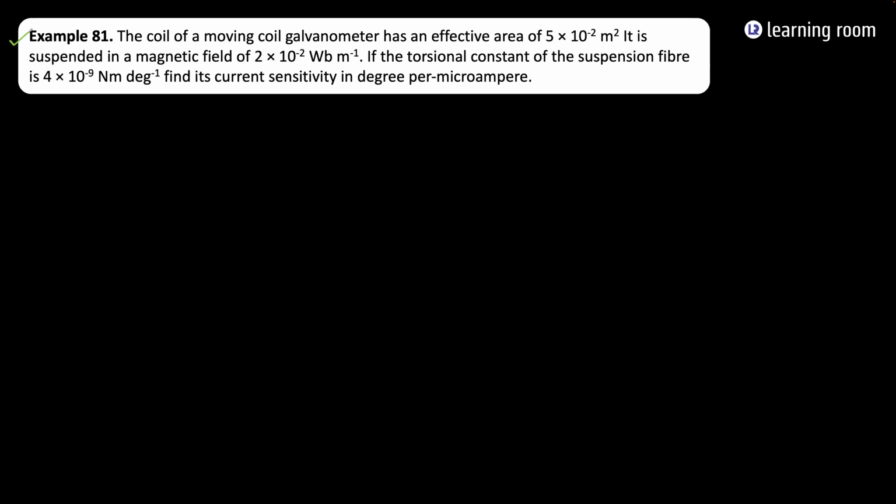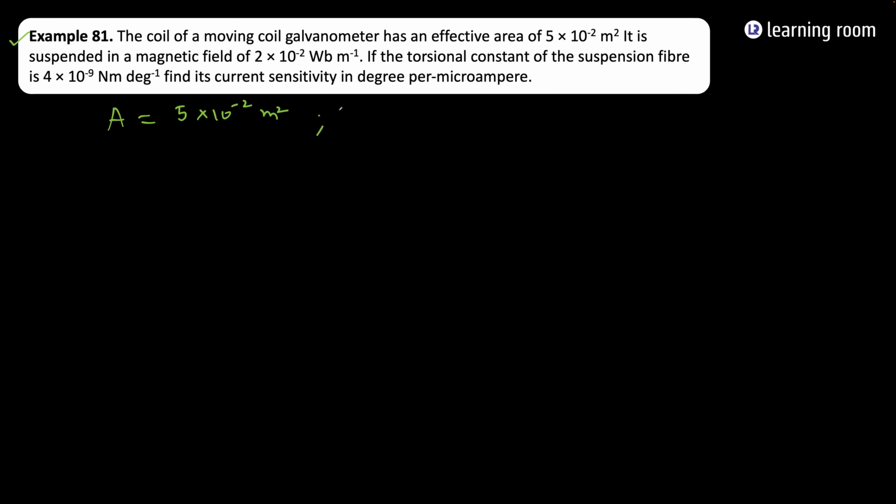So the third problem is based on the same concept. The coil of a moving coil galvanometer has an effective area of 5 into 10 power minus 2 meter square, and it is suspended in a magnetic field. Whenever a galvanometer comes, you should understand that it is a radial magnetic field.